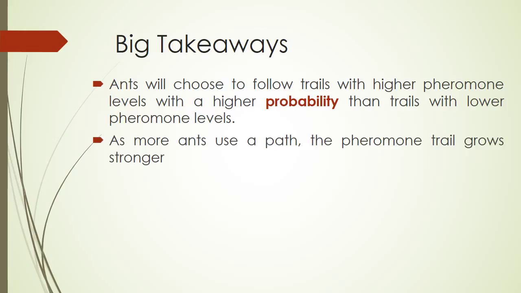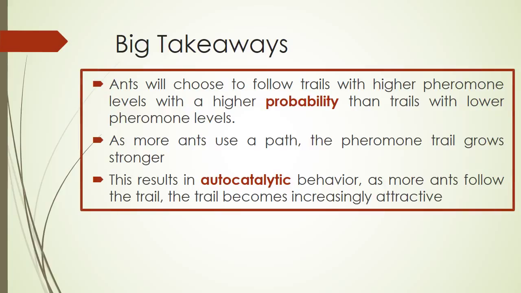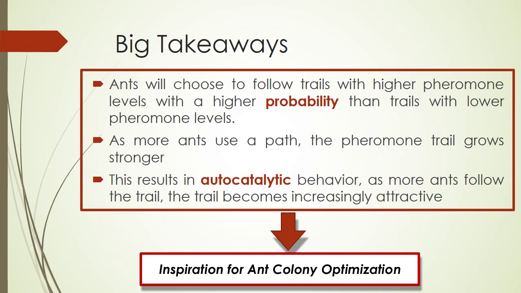As more ants use a path, the pheromone trail grows stronger. And this results in something very important: autocatalytic behavior. As more ants follow, the trail becomes increasingly attractive, and this creates a positive feedback loop. And these points are the core inspiration for ant colony optimization.